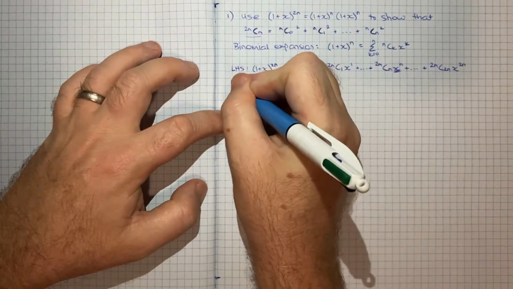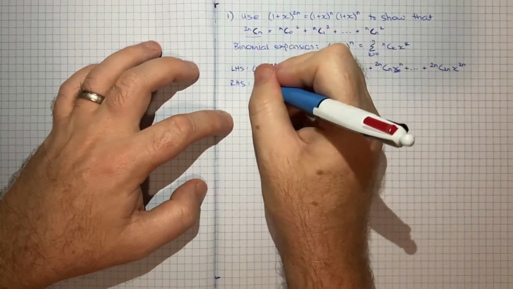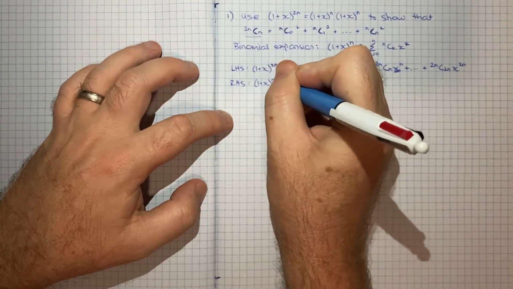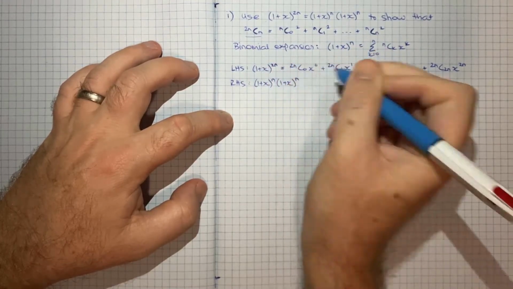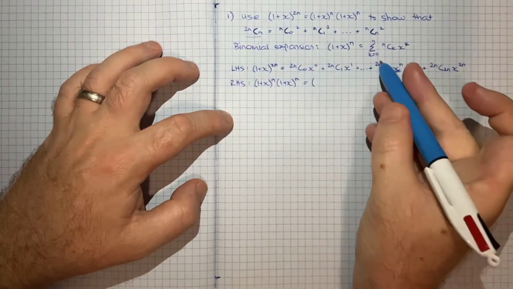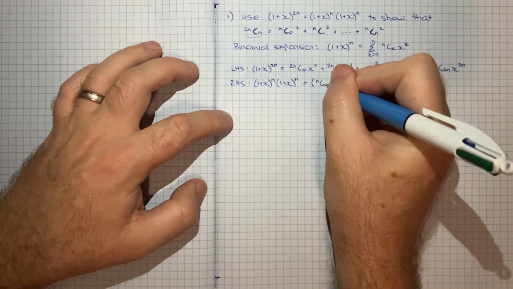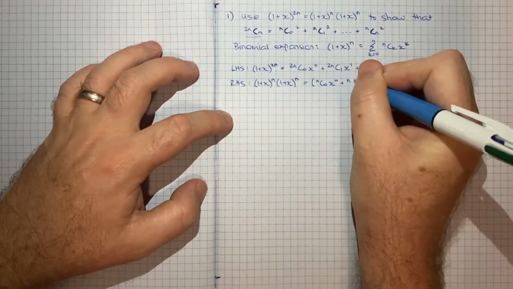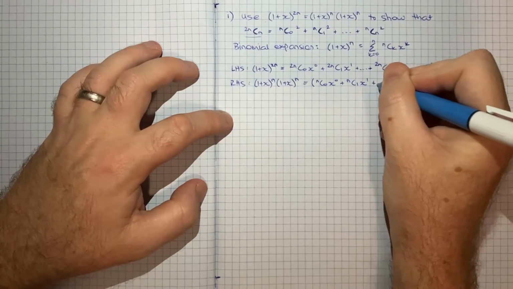So if we now look at the right-hand side, (1 + x)^n times (1 + x)^n. (1 + x)^n can be written as nC0 x^0 + nC1 x^1, and so on.